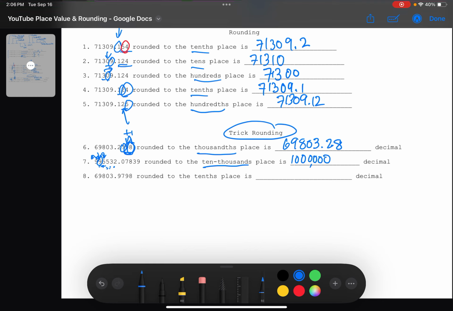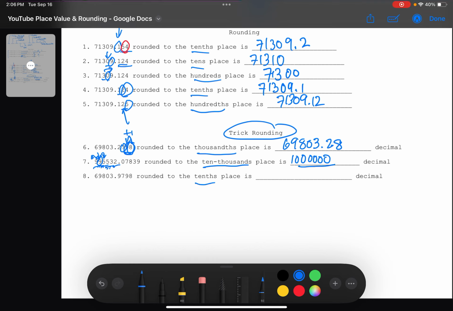So it's going to be 1 million. And I actually put commas there, and you're not supposed to put commas in the number sense test because it's considered to be wrong, okay? So that's 1, 2, 3, 4, 5, 6, and then we should have 6 zeros here, so this is your final answer, okay?